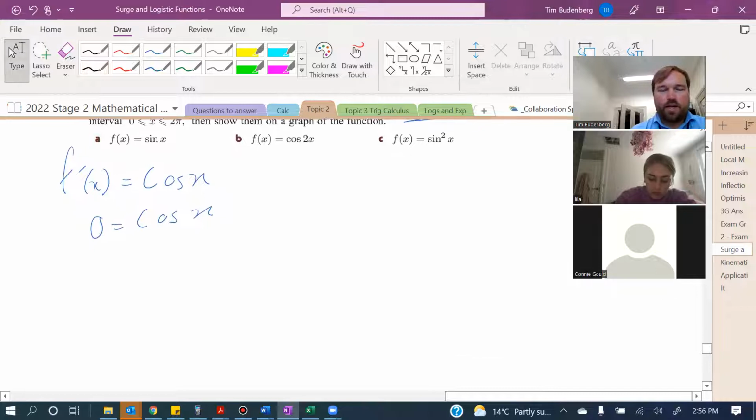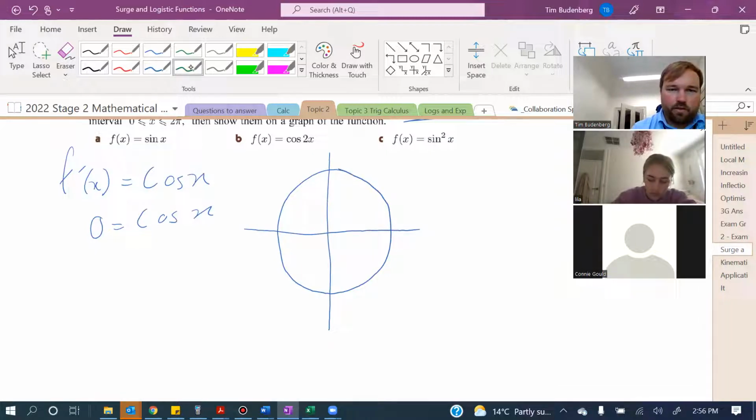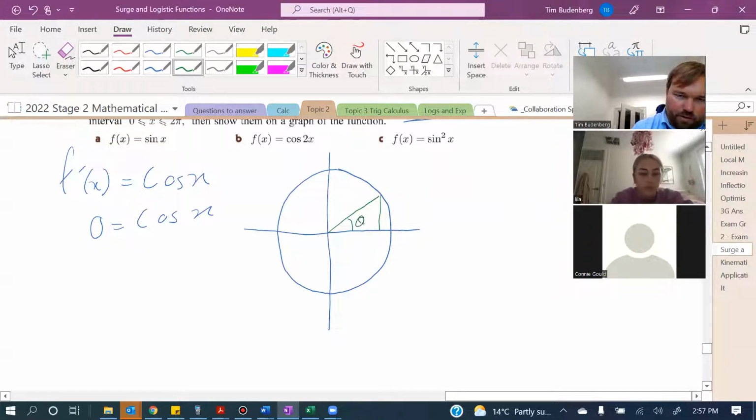For this, we'll need a unit circle. The unit circle is certainly something that should be on your cheat sheet. For a unit circle of theta, this horizontal portion here is cos x, and the vertical is sine x.